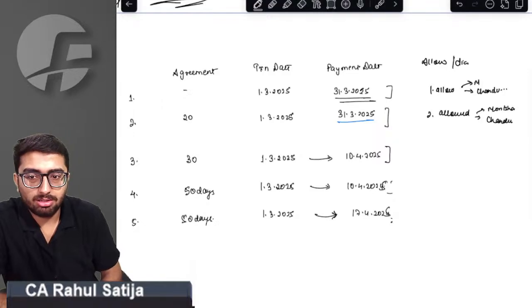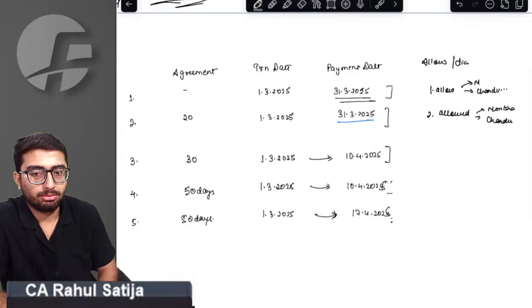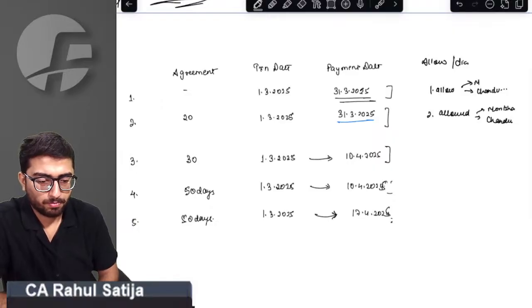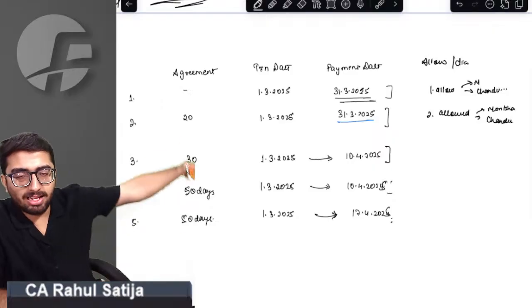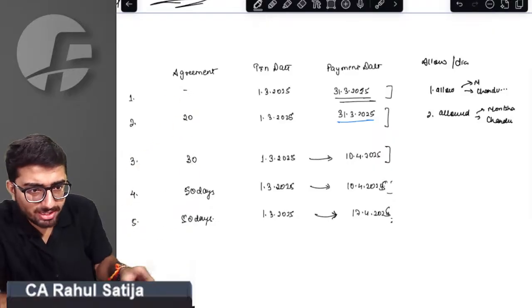Waiting for a response. Answer the third one. Monisha says disallowed.